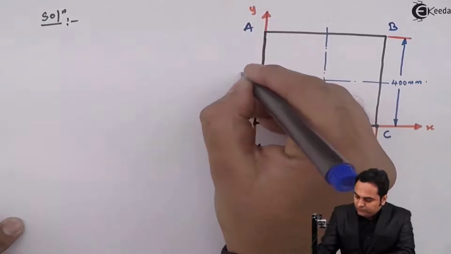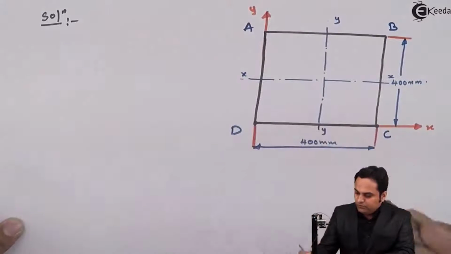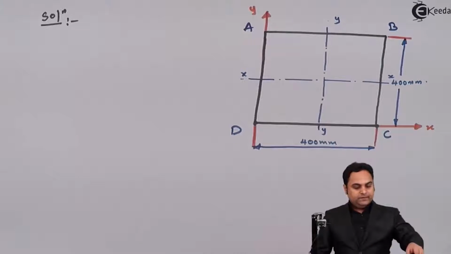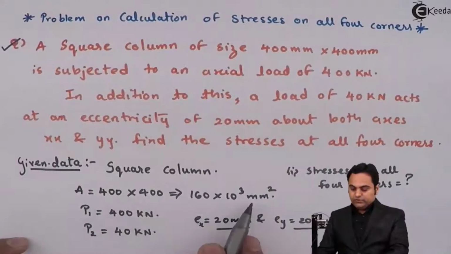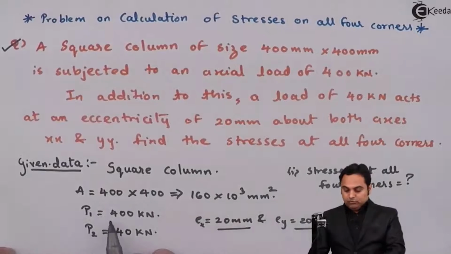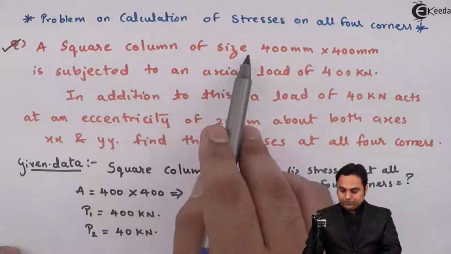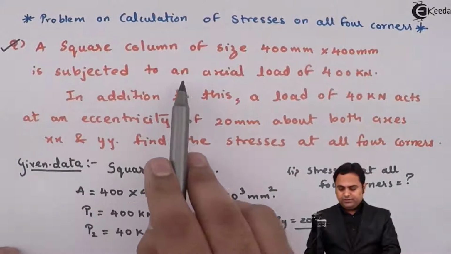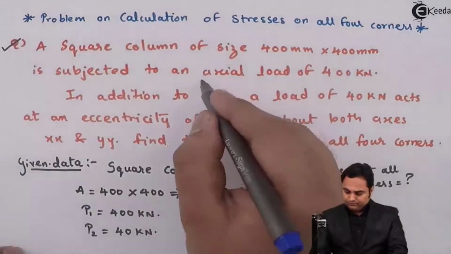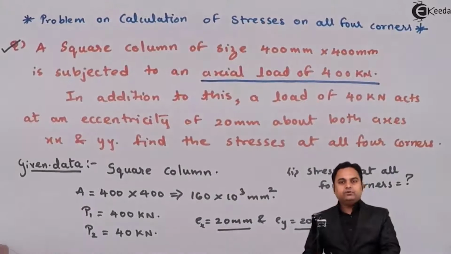Now here we have the horizontal axis xx and yy for the given square. I'll read the question. In this, the area of the square we have found out. Now load P1, it is given that a square column of size 400 mm into 400 mm is subjected to an axial load of 400 kilonewton.